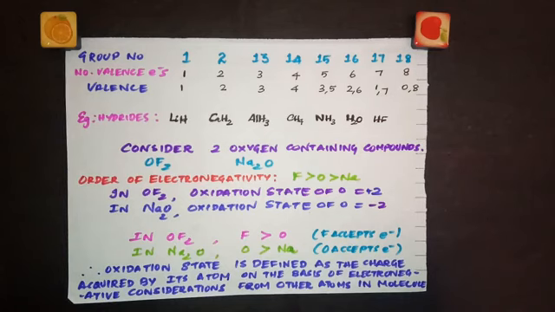So this is about representative elements. In the case of transition and inner transition elements, as I told you, these elements exhibit variable valency. So we will be learning about these transition and inner transition elements in higher classes.